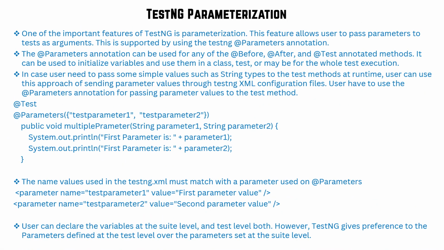Then parameterization: you already saw the implementation with cross browser testing. Similarly, in case you want to run multiple test cases with the same set of combinations of data, you can use parameterization, just like in the cross-browser testing part where the same test case runs in different browsers.